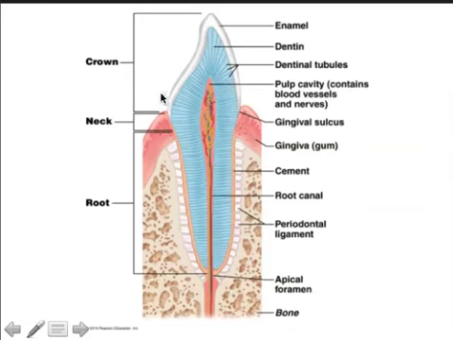The area where the crown meets the gingiva or gums is called the neck, and notice that the enamel stops at the neck. And all we have is cementum from that point on lining this portion of the tooth. And the cementum is not nearly as powerful a retardant against bacterial decay as the enamel is.